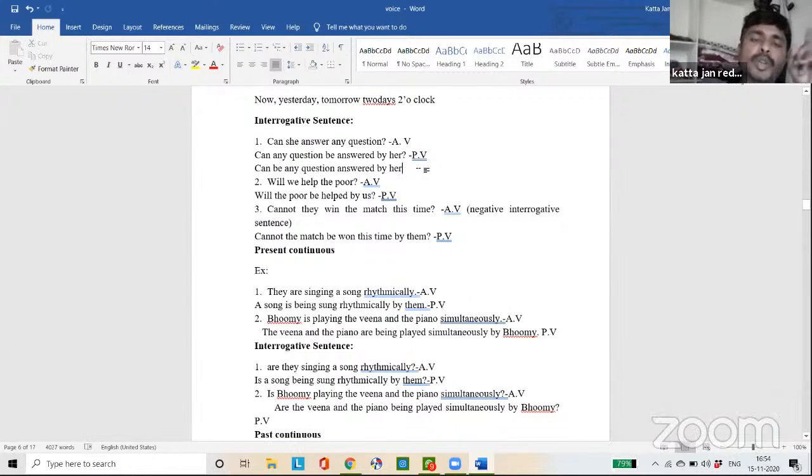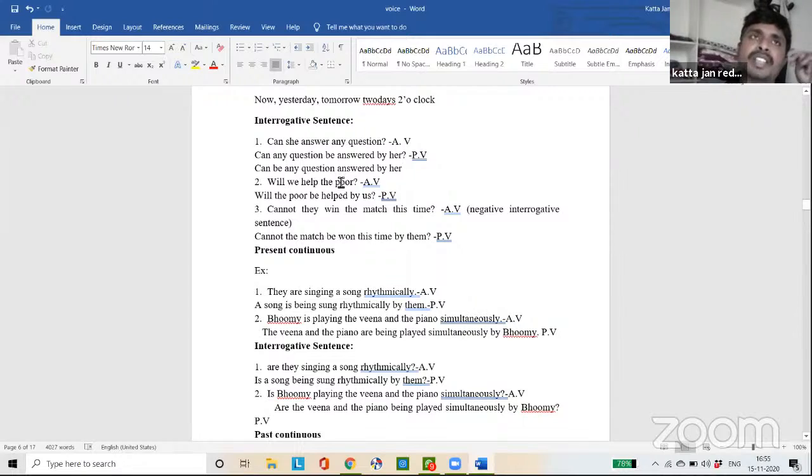Because I told you, I remember, when two helping verbs are used, like can be, this be is written after the subject. Only the first helping verb is written before the subject. The second helping verb is written after the subject.